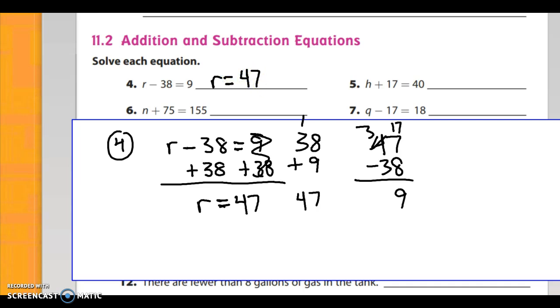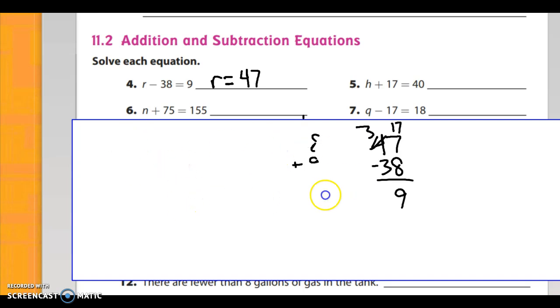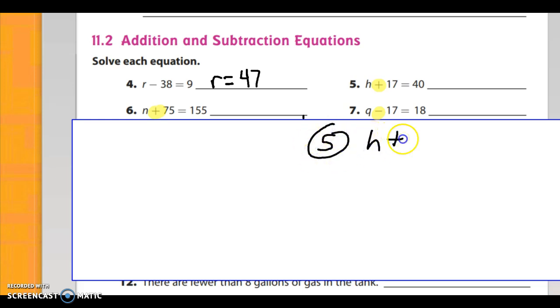So the main thing I'm trying to remind you here is what I've said a couple times, which is we solve the addition problems by subtracting, and we solve the subtraction problems by adding. So number 5, h plus 17 equals 40. I'm going to solve that by subtracting 17.